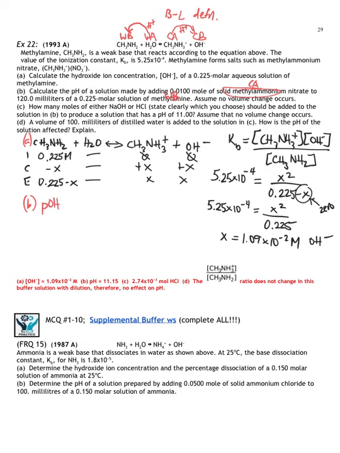Okay, so I'm thinking pOH. Why? Because I'm doing pKb plus log. And I'm going to do the acid, which is CH3NH3 plus, the concentration of that over the weak base, which is CH3NH2.